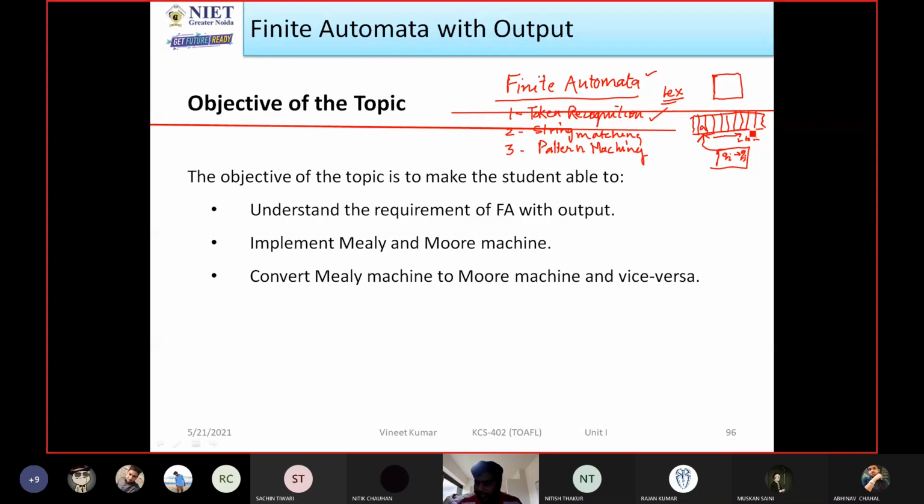After reading the entire string present over the tape, if the finite control reaches the final state, then the string present over the tape will be accepted, otherwise it is rejected. Clear this point? That means there is an initial state, let it be q0, in between it follows the string and reaches a final state, right?